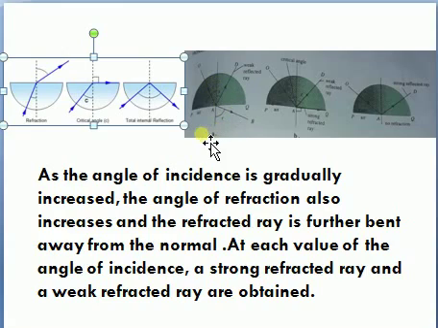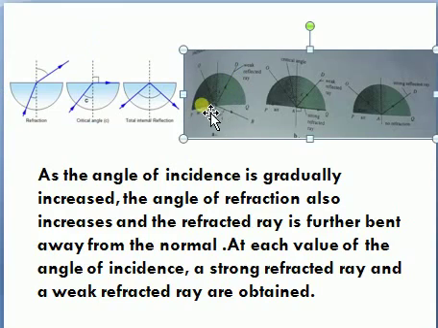Getting to the boundary, which we labeled PO, it refracted away from the normal. So you can see the refracted ray, and the angle of refraction is greater than the angle of incidence. We said that part of this ray will be weakly reflected back into the glass, and we say they are weakly reflected because they are not bright like the refracted ray.